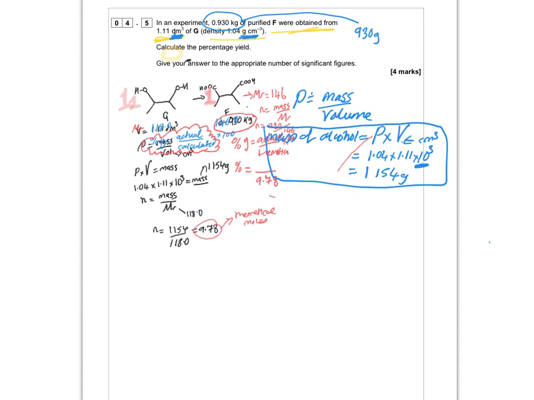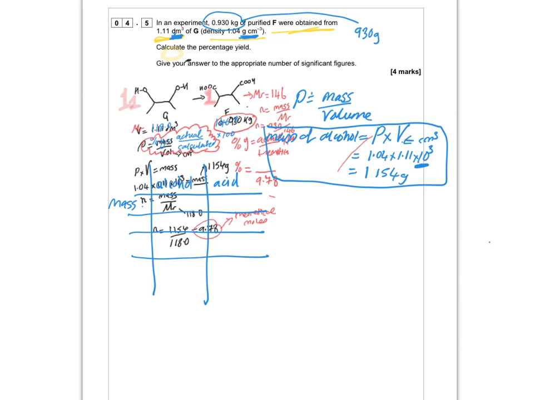So what I'm going to do next is to do the ratio of the alcohol versus the acid in order to calculate the moles of acid that I should be getting. Mass in grams, MR, grams per mole, and amount in moles.